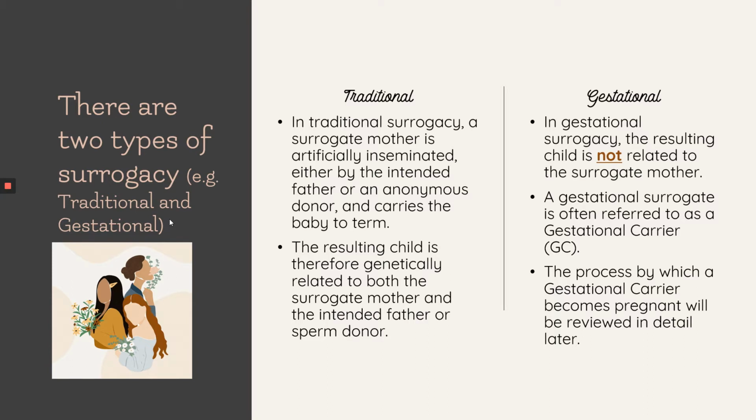In gestational surrogacy, the embryo is created entirely by the intended parents, either by egg donors or sperm donors, but there is no genetic connection to the surrogate. The surrogate's egg is not being used. So those are the two differences, whether or not the surrogate mother is essentially the biological mother.